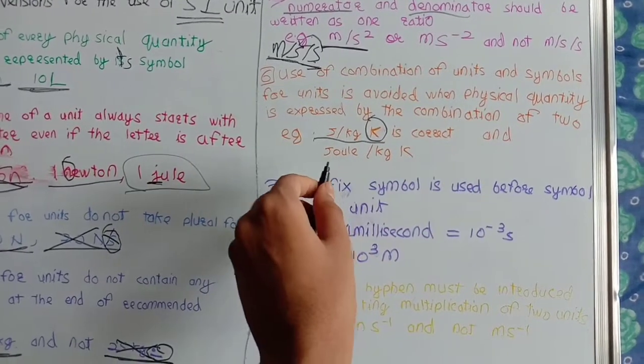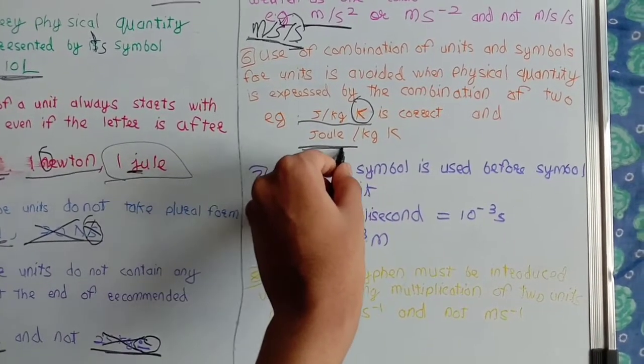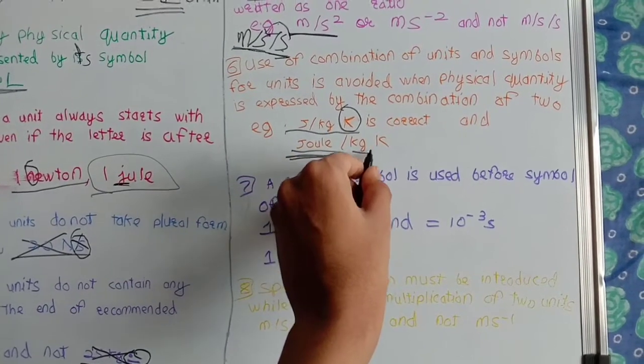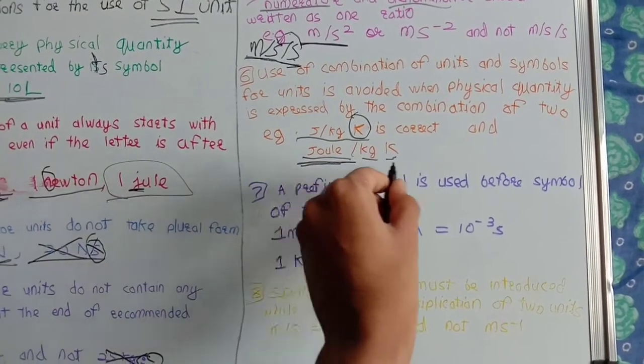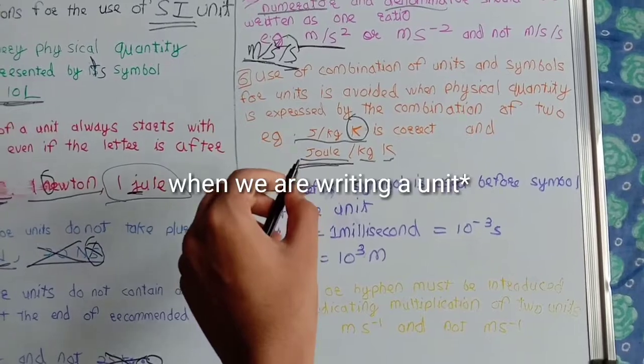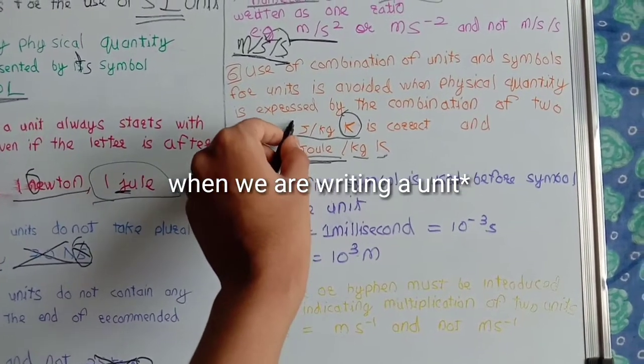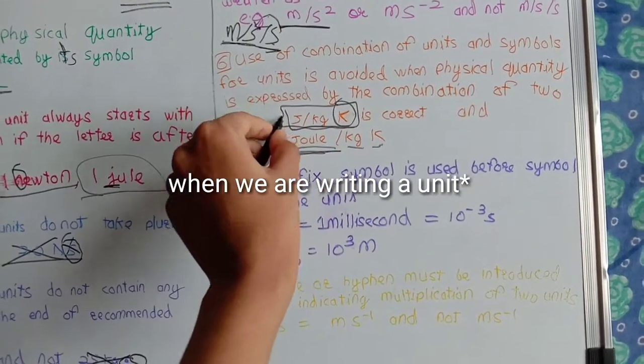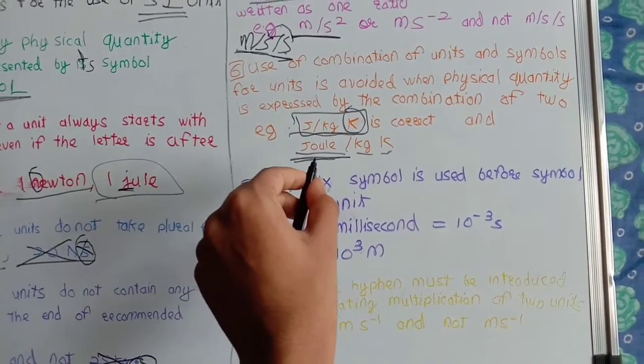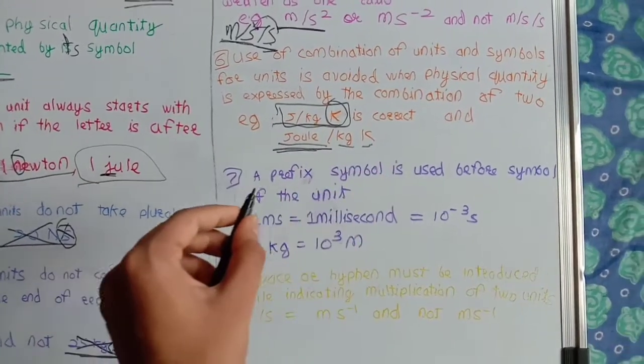And if we write joule, which is a word, and then two symbols, it will be wrong. So when we are writing a symbol, the whole thing should be a symbol, not half word and half symbol.